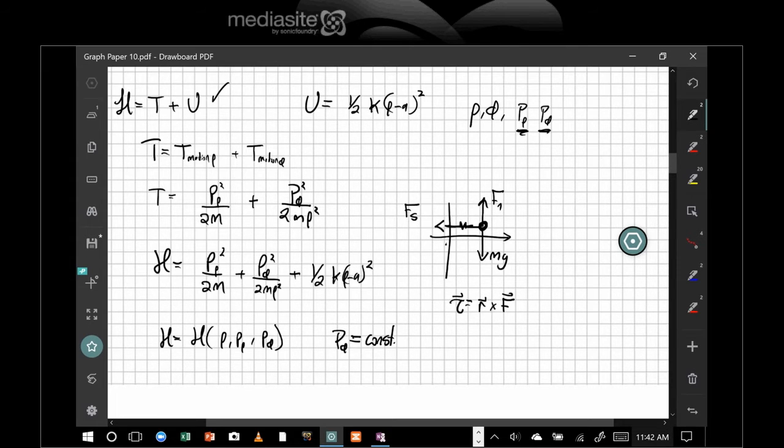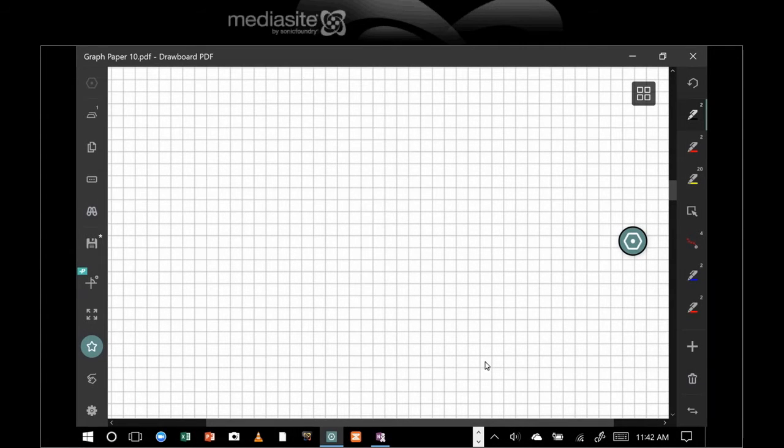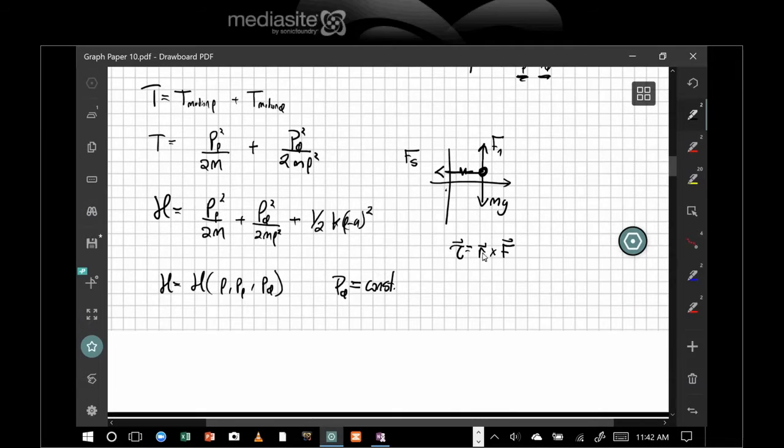Now part C, take a look at part C. What we do in part C is we tilt the tabletop like this. Let's remind ourselves this diagram is very important. When the table's flat, notice that the normal force is in the same direction as mg, and thus gravity doesn't create a torque on the object, and also the spring force does not create a torque.